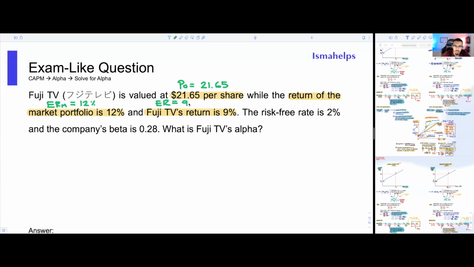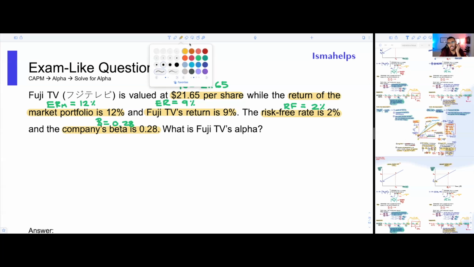The risk-free rate is 2%. And finally, we know that the company's beta is 0.28. So we've highlighted all of the information we need.